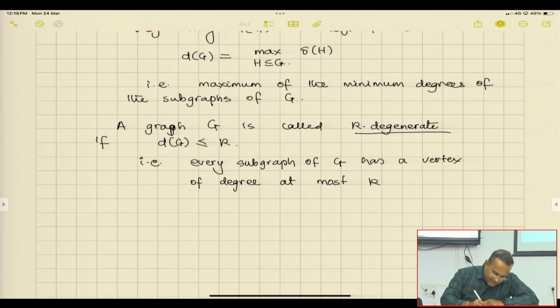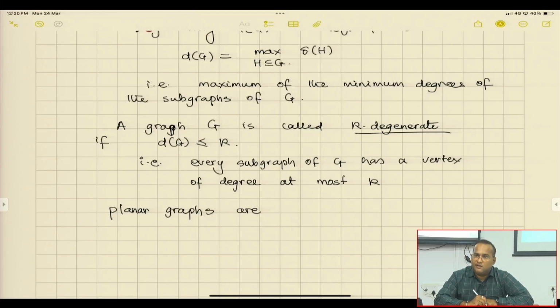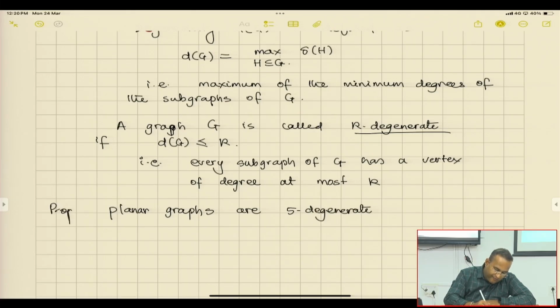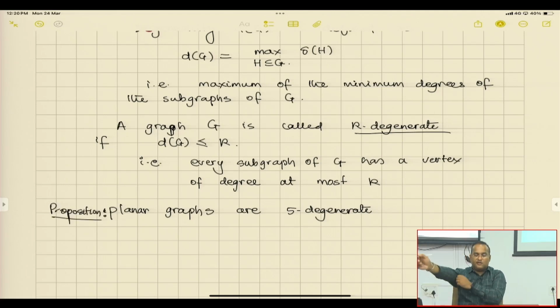Have you heard of planar graphs? Planar graphs are 5-degenerate.